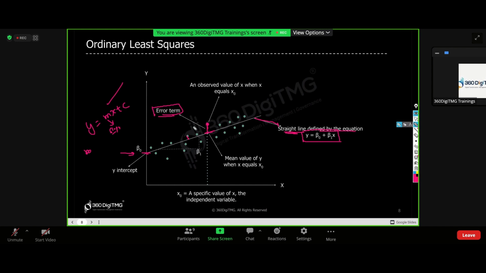So I will calculate the errors from all of these data points with reference to this straight line, and I will take an average or mean.